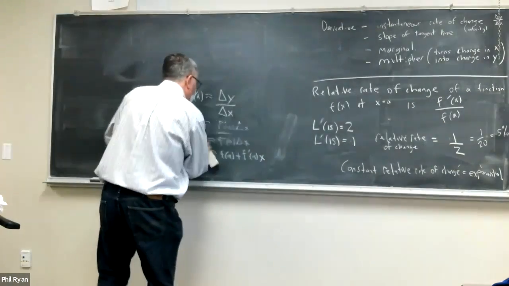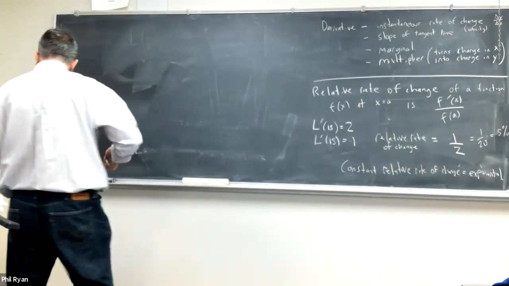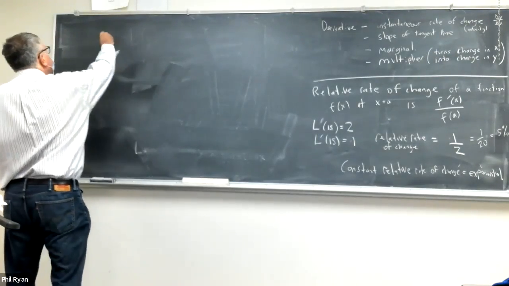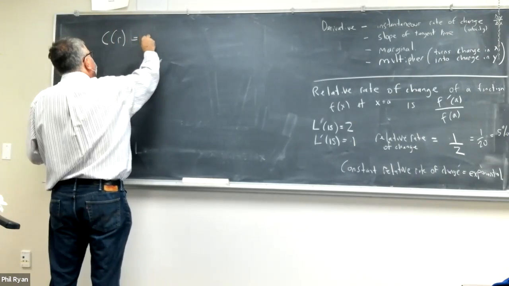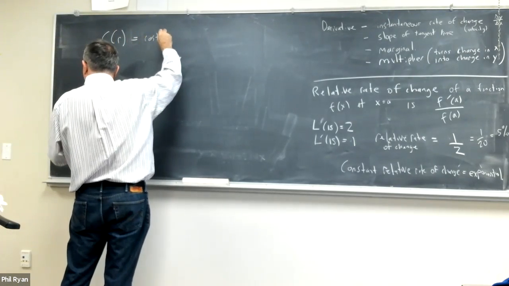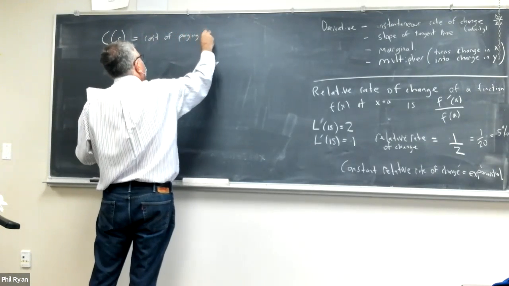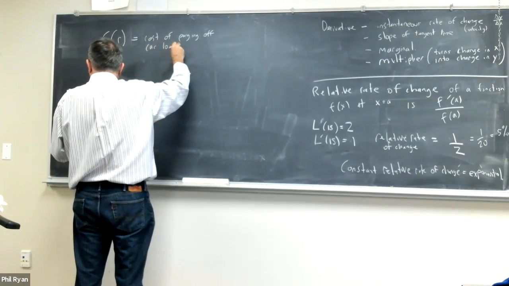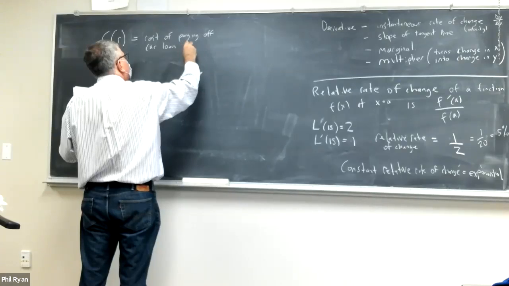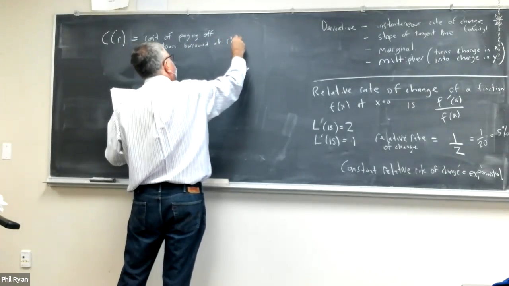Let's do another example. Let's say we've got a function C of R, and that is the cost of paying off a car loan borrowed at 5% per year.